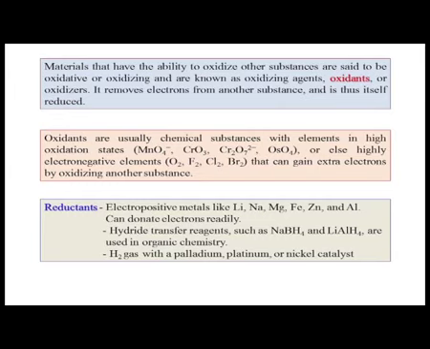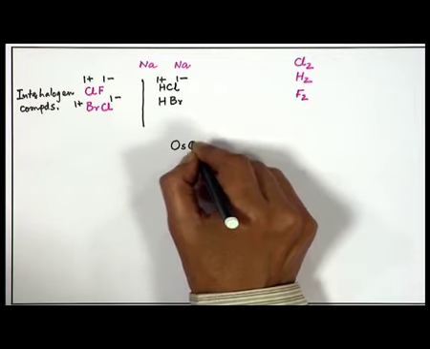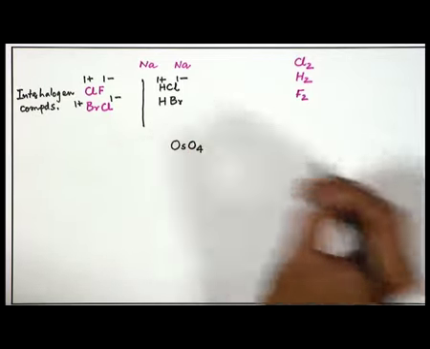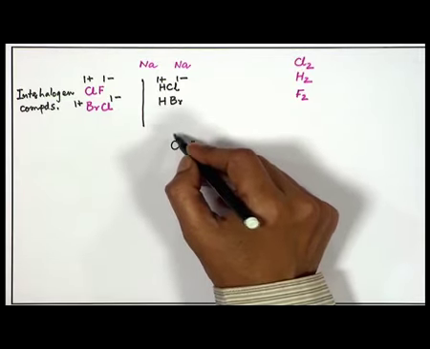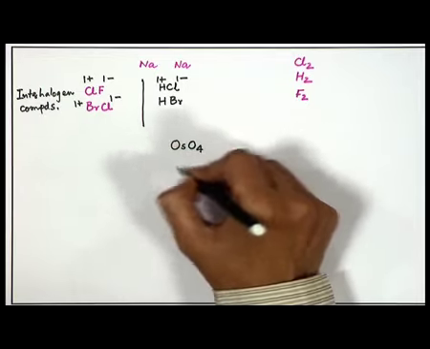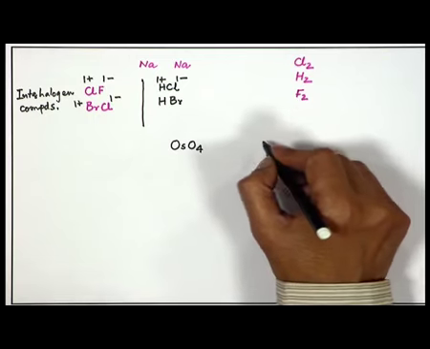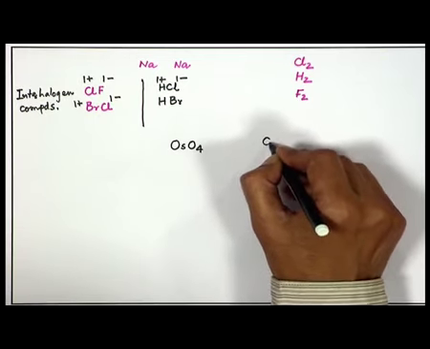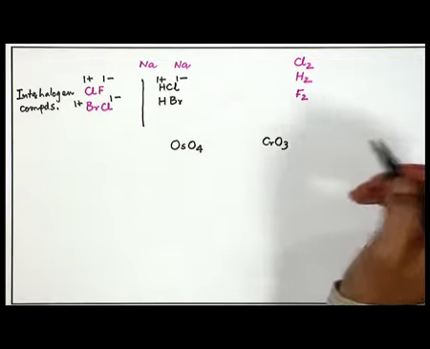In all these cases, if we have osmium tetroxide, we all know that osmium is present in the iron group: iron, then ruthenium, then osmium. So, you have the tetroxide, and side by side we also have CrO3.